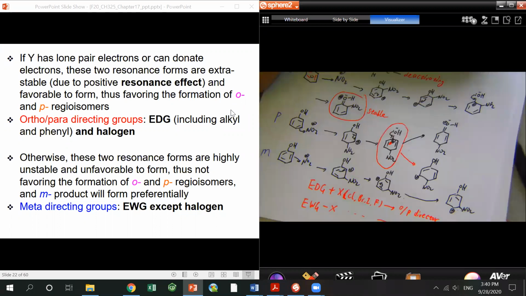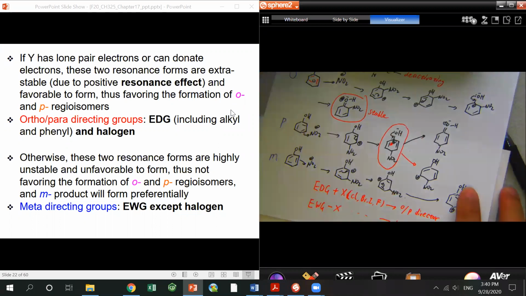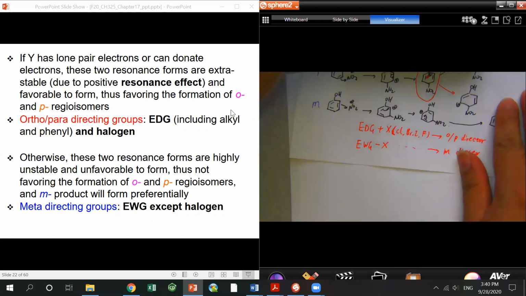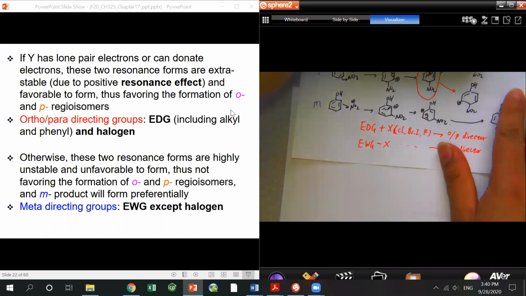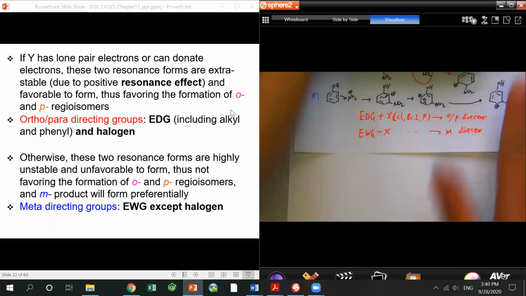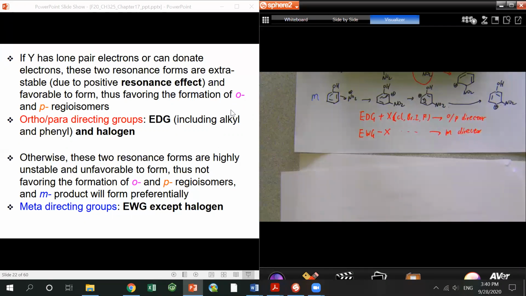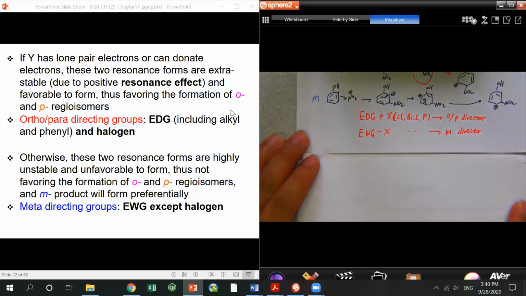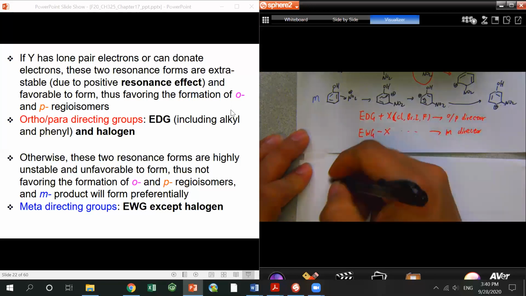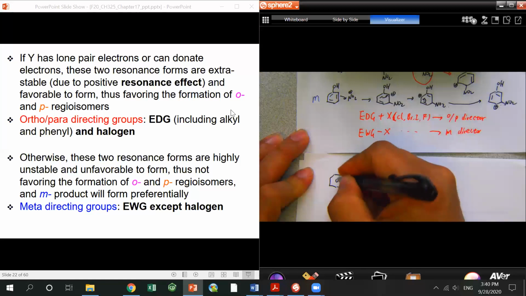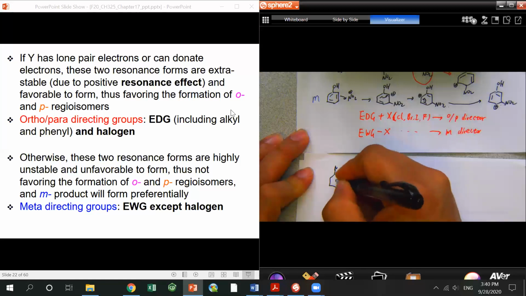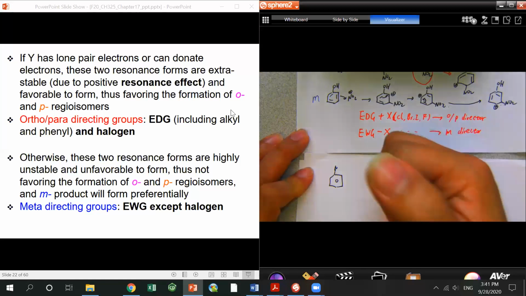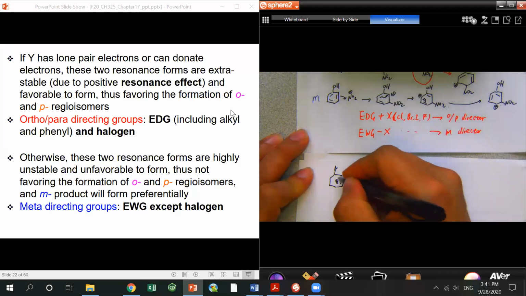For the meta directors, I have to draw the resonance structures. This time I use nitrobenzene, and still use the double bond one.